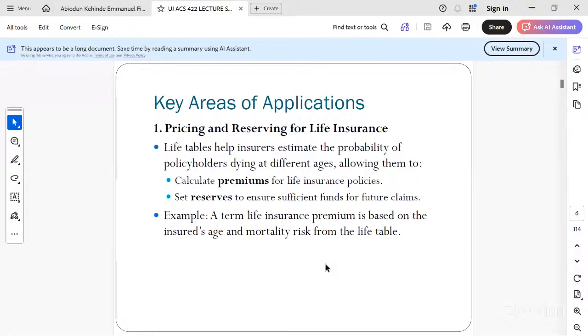This information is very key as input to premium calculation and also to fixing the benefit, that is the payout of the policy. So number one key area of application of the life table is pricing and reserving. I hope you are hearing me clearly.